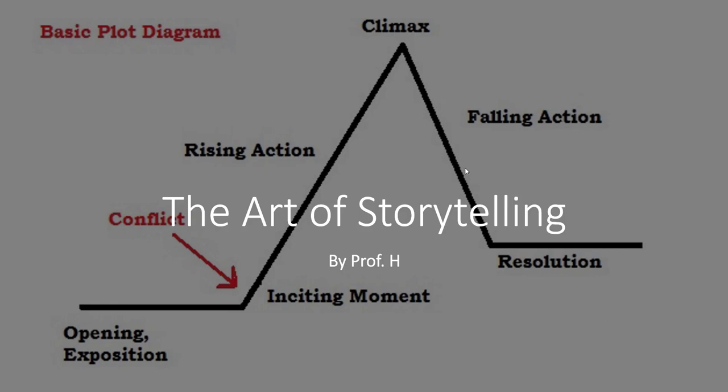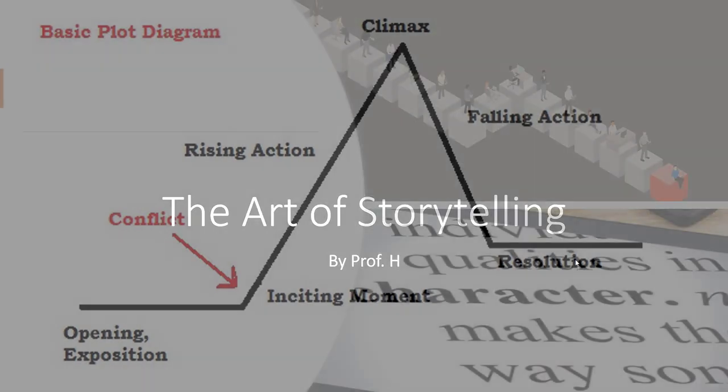The falling action means that the character is in the process of solving the problem until the problem reaches a resolution at the end, in other words, a conclusion. So this is a very American story structure.